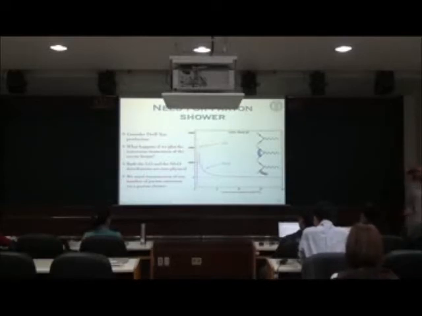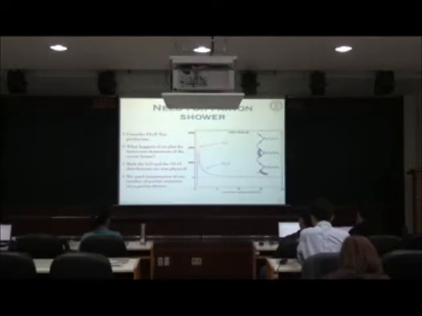Now, if you include next-to-leading order corrections, the Born contribution to the next-to-leading order calculation will still go in the 0 bin. The virtual corrections will also go in the 0 bin. But these real emission corrections will go away from 0, right?